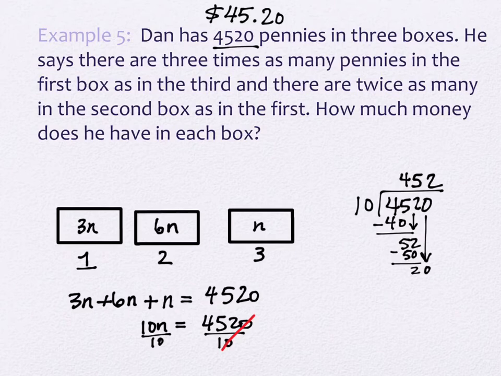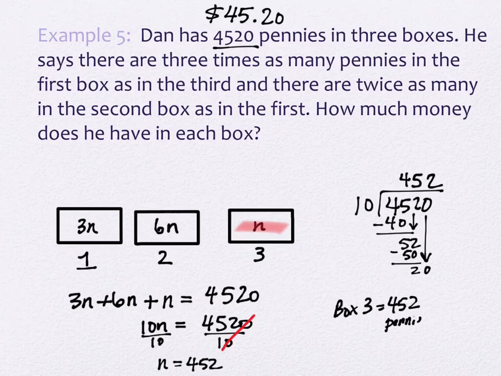So I do have 452. So n equals 452. So 452 is right here then, right? So box 3 has 452 pennies. But I don't think that's quite what the question asked for. What did the question ask for?